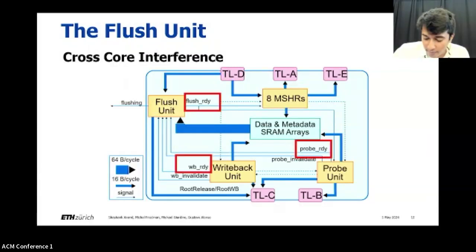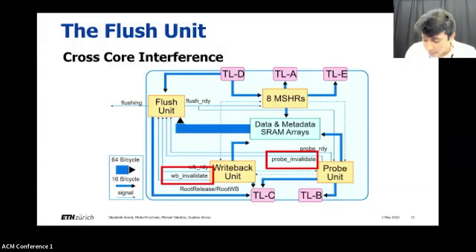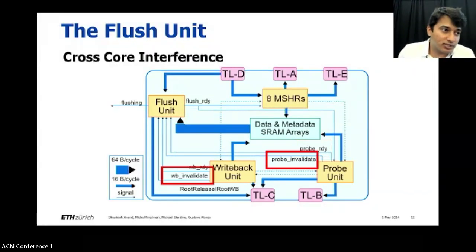These ready signals are implemented to signal the flush unit to wait, or the other way around, for the flush unit to signal the probe and the cache line eviction units to wait in case there are transactions going on to the same cache lines. And additionally, these invalidate signals are used to update the corresponding queued instructions within the flush queue in response to any changes as a result of cache coherence or cache line eviction events.